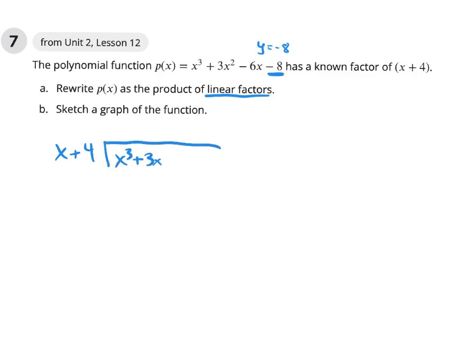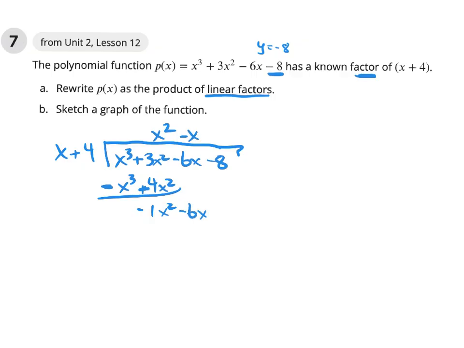Now, we divide to get our other factors. Plus 3x squared minus 6x minus 8. It says it has a factor. x plus 4 is a factor. We should get 0. We're going to do x squared. Change both signs. 3 minus 4 is -1.